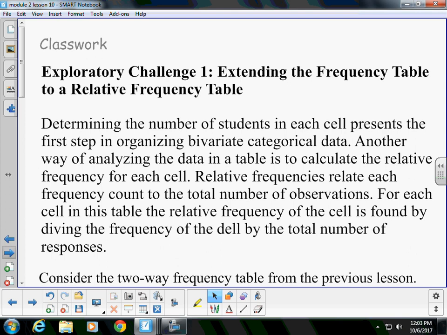Relative frequencies relate each frequency count to the total number of observations. For each cell in this table, the relative frequency of a cell is found by dividing the frequency in the cell by the total number of responses.